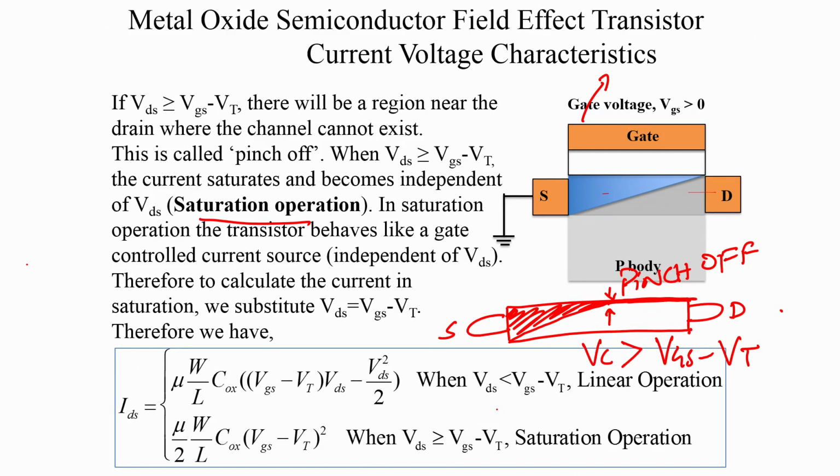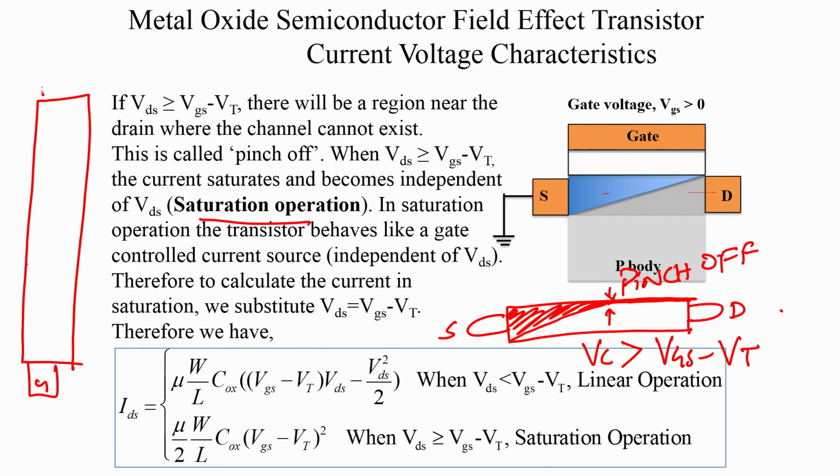You have a lot of electrons from the source to the pinch off point. I am sorry, I have run out of space, there is a lot of explanation here, but there is not much space for me to write anything, so do bear with me. Let us say you have this as a resistor, you have electrons all the way and then you hit the pinch off point, and beyond this you have a large resistor, because you do not have an electron channel anymore.